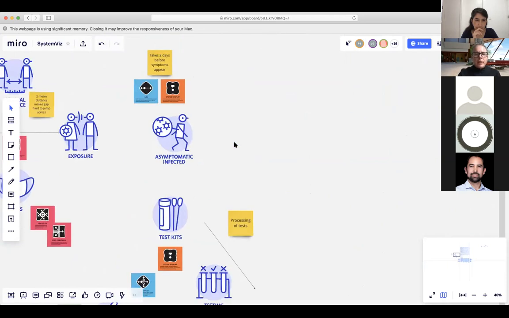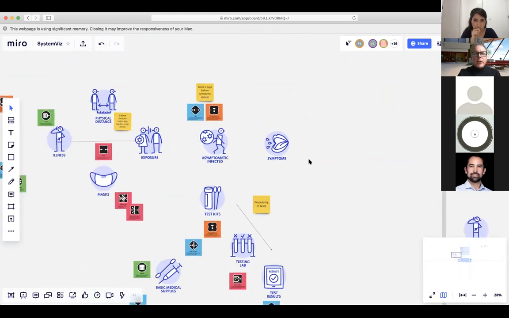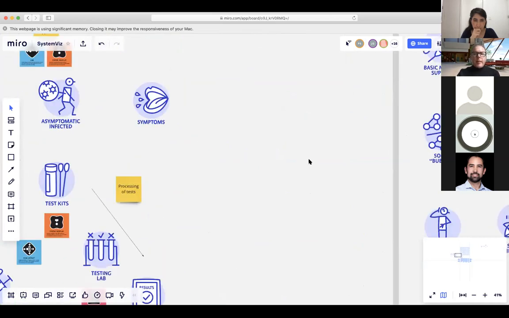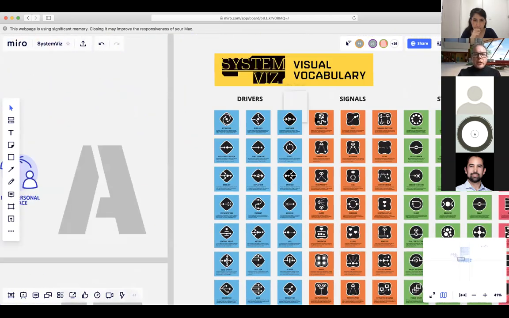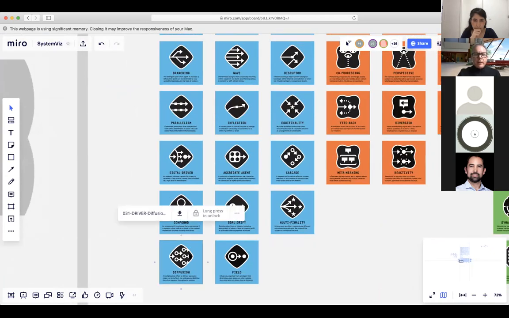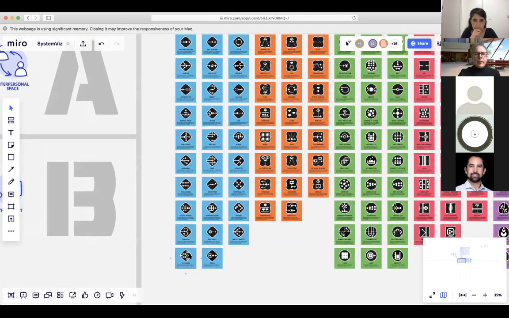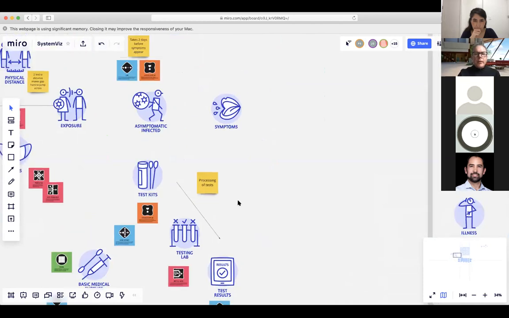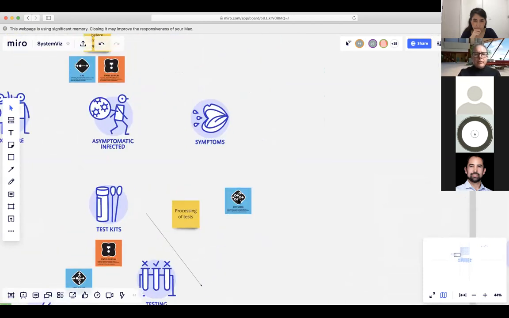So that's also a possibility too. This then makes transmission much easier, because we're now seeing a diffusion of the virus on surfaces and things like that.